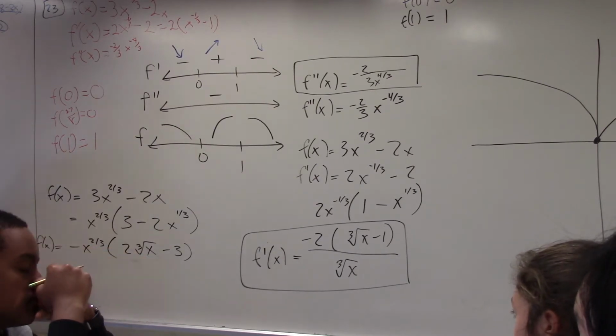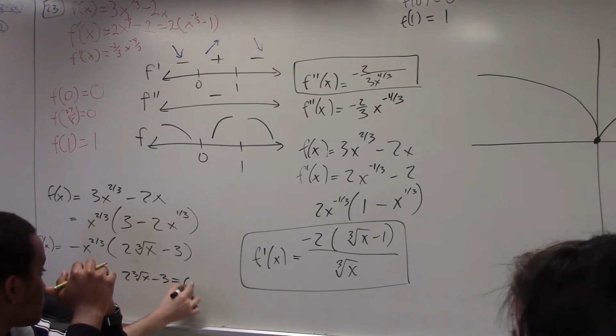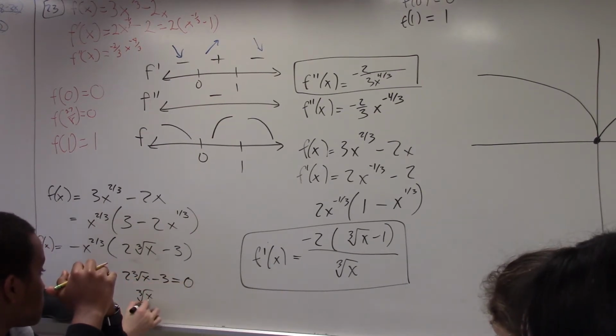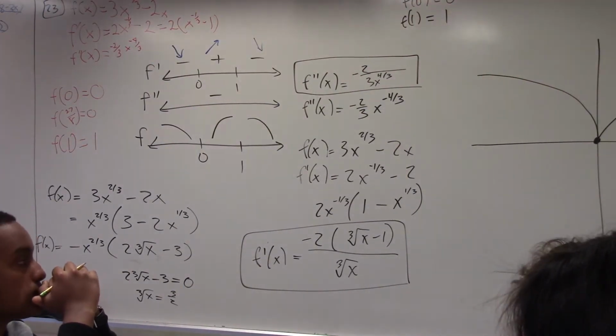Whenever 2 cube root x minus 3 is 0, which happens when cube root x is 3/2. So it's happening at 27/8. So over here at 27/8, that's when this is going to cross. Cool. So this is the whole function.